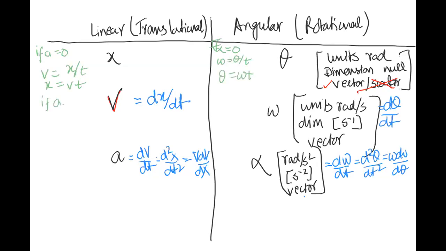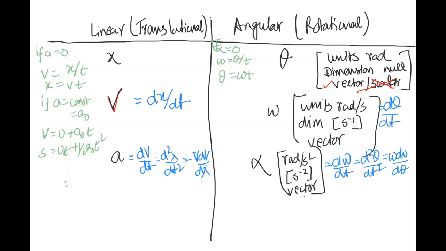If acceleration is equal to constant and is equal to a naught, then we have v is equal to u plus a naught t, and s is equal to ut plus half a naught t square, and so on and so on.